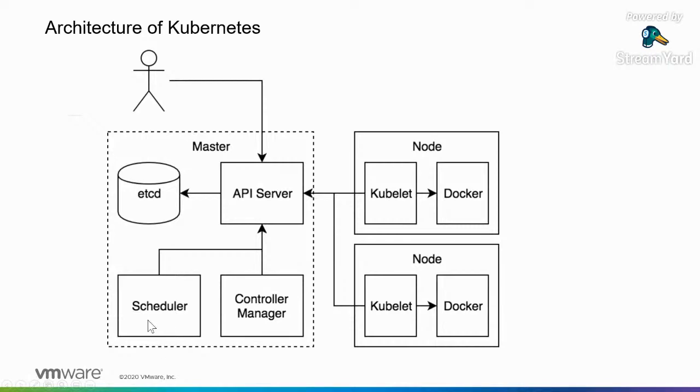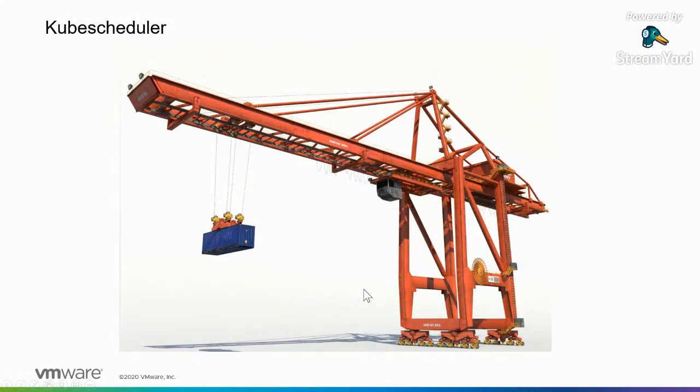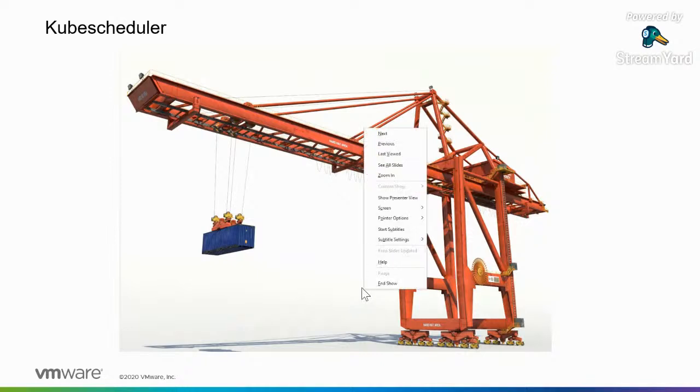So the scheduler, what it does, I'll just move over the slide to tell you. The scheduler's job is to make sure that the incoming applications are placed on the right homes. When I say right home, it is nothing but the node.